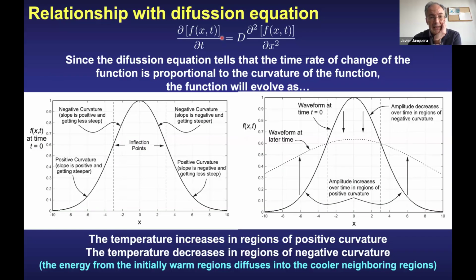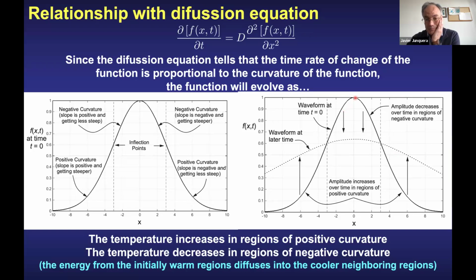In particular, just as the diffusion equation is going to tell us, the temperature will increase in those regions where the curvature is positive. That means that the temperature will increase here in this region, and the temperature will increase also here in this region. And it will decrease in those regions where the curvature is negative.